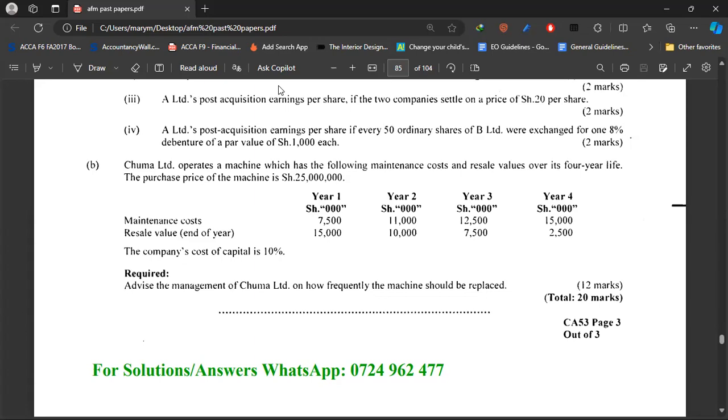Please share the paper. Share the past paper. Sorry, let me reshare. Someone should have shared these papers. No, we have some students here who are always silent. Let me check on that.